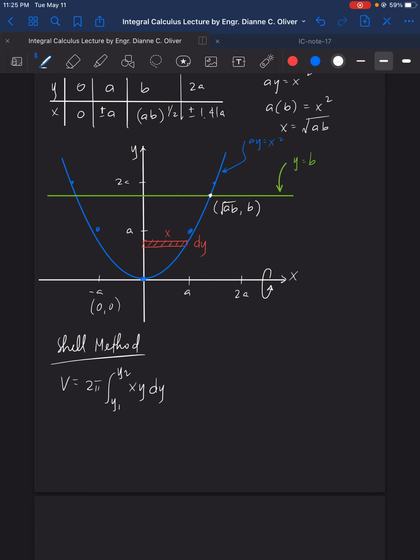So we will retain y dy, and we need to substitute for x to become y. So to do that, we have here in the figure 2 pi, then x right minus x left. So x right is square root of ay, or ay raised to 1/2, minus x left 0, then y dy. Limits y1 as 0, y2 is b.